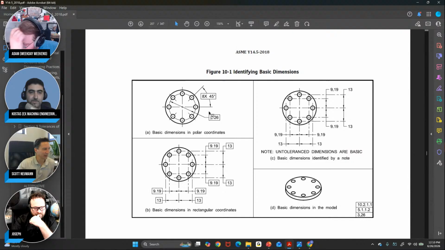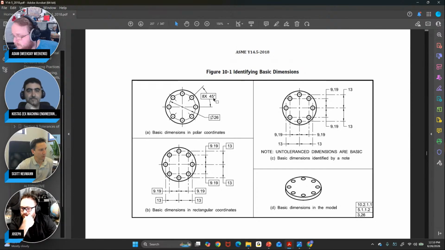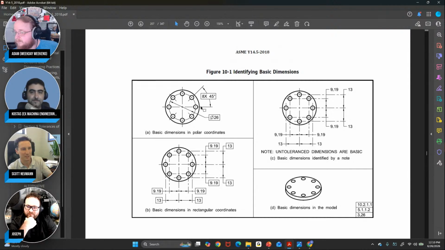It's far simpler to say they're all on a bolt circle. This is a theoretical circle, right? Bolt circles aren't real, so we make it a basic dimension with no tolerance. Ideally, they would be on a 26 millimeter bolt circle, 8x, 45 degrees apart. That would be no different than doing it in rectangular coordinates. It means exactly the same thing, but on round parts, it's probably a little more efficient to do it this way.